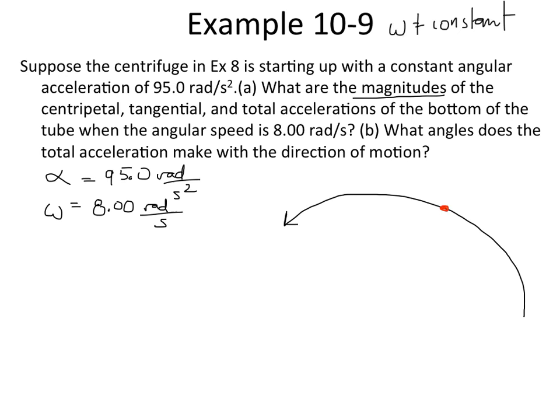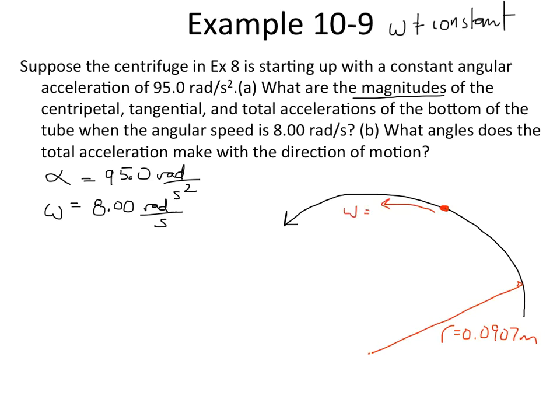Let me do this in red. Imagine the center right there, and this radius equals 0.0907 meters. And so at this point it has an angular velocity.